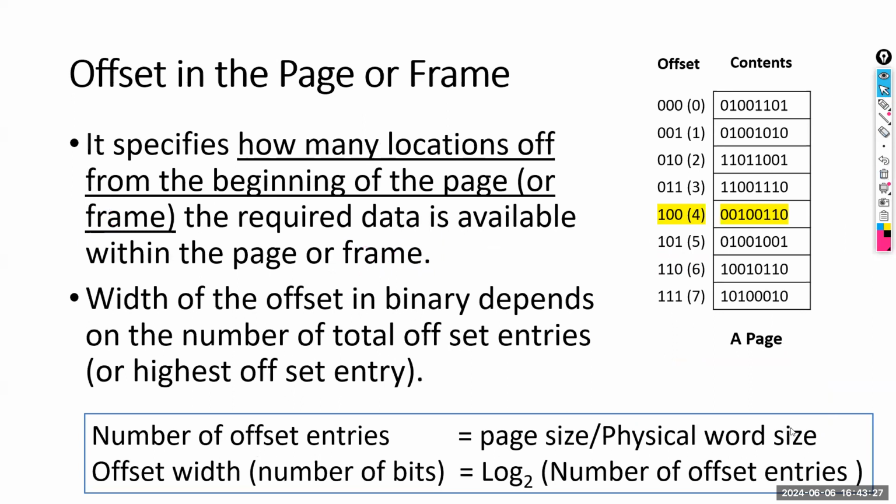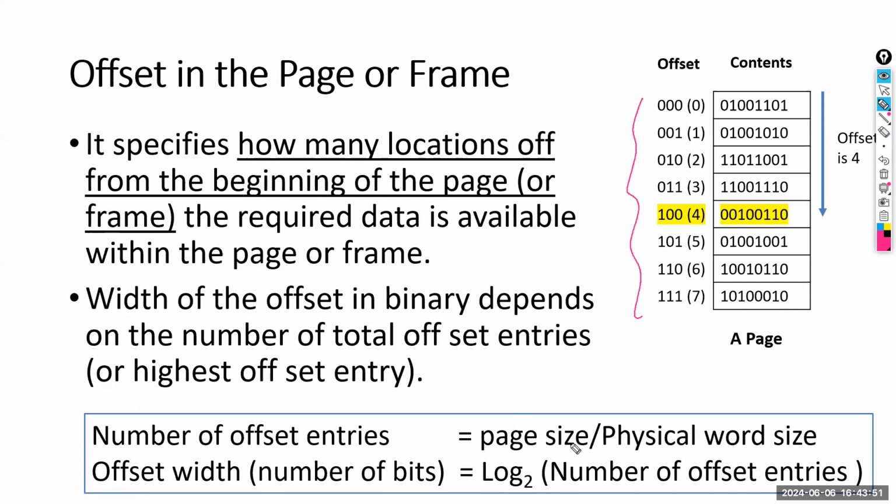Remember, in the exam, you get some calculation questions in the second paper, part A, structured essay. Most of the time they give you a calculation question. So how do you calculate the number of offset entries? That is, how many entries are there?